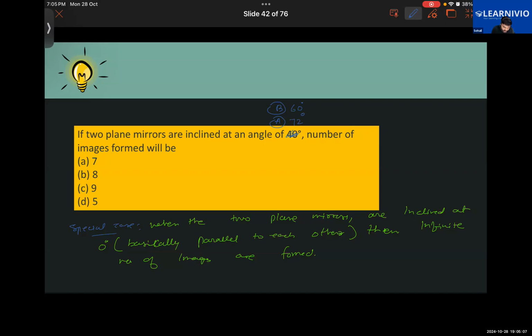Also, let's take one more. If it is 180 degree. Chakrika, the other one is not correct. For 72, your answer is correct, but for B, it is not correct.